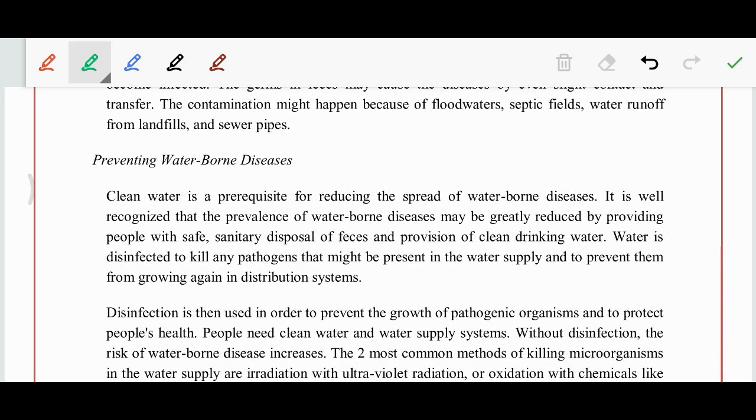So how to prevent this? Preventing waterborne diseases means we have to supply clean water. Clean water is required to reduce waterborne diseases.